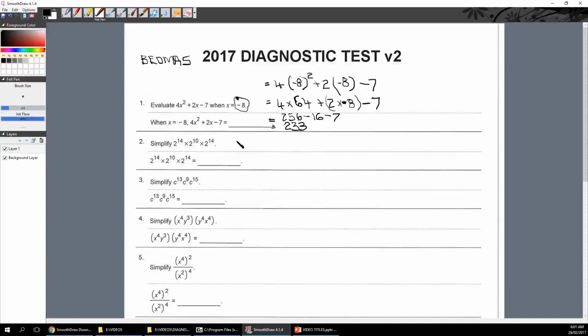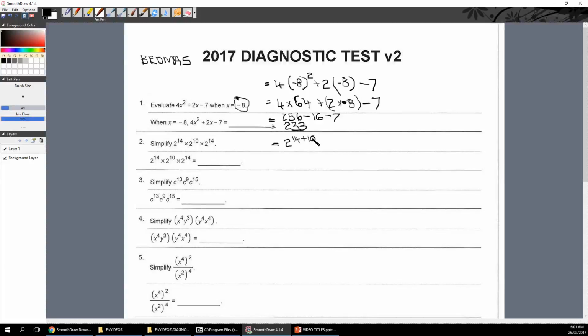Now number 2, this one here, again, I'll do this up in here. If the bases are the same, you can add the indices. So that's going to be equal to 2 to the power of 14 plus 10.